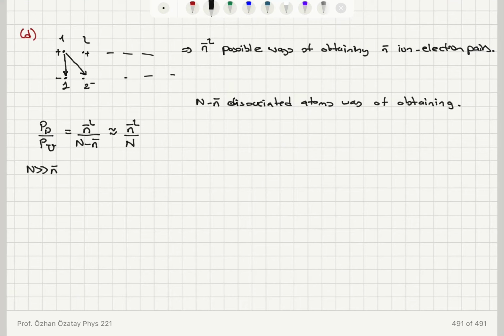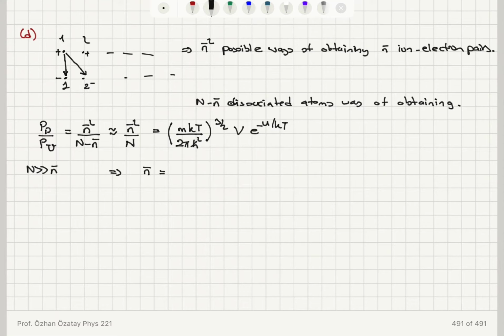So what I would like to know is what exactly is this? So the probability ratio I have calculated in part C. It was equal to mkT divided by 2 pi h bar squared to the power 3/2, volume, e to the minus u over kT. Now with this I can calculate N bar.